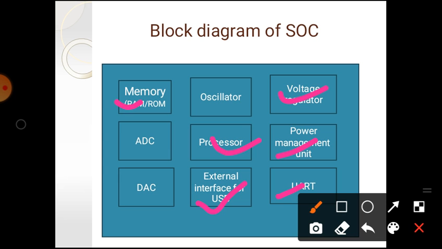Here the memory block contains the ROM memory as well as RAM memory. ADC is used to convert the analog signal into a digital signal. DAC is used to convert the digital signal into the analog signal. Oscillator performs the oscillations of the signal. Processor is the heart of our system on chip.